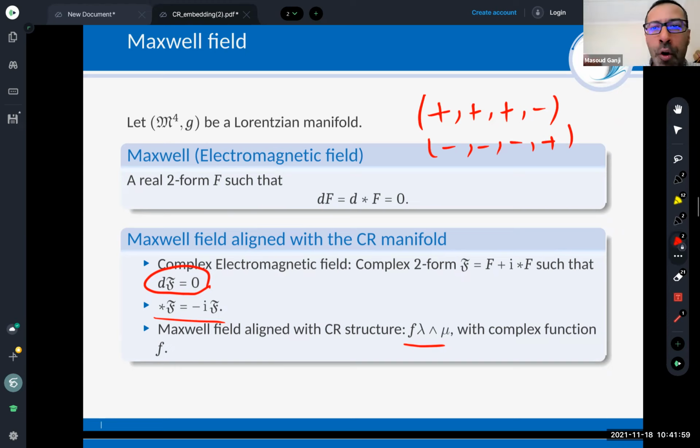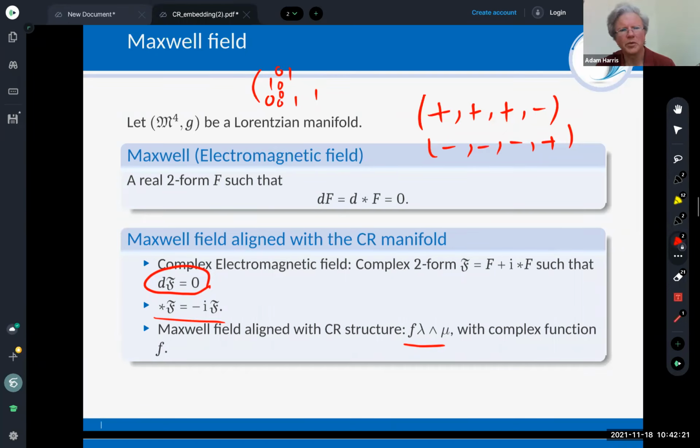And I think in the complex case, it becomes 1, 1, 1, 1, 0 elsewhere. I'll introduce the frame in the next slides, and you will see how it looks.